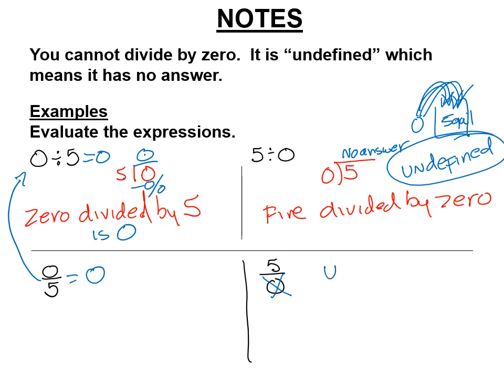This will always be undefined. It's the same as this one up above it. So here's the shortcut: no 0 on the bottom, no 0 out there ever. Whenever you see that, the answer is that there isn't an answer, and the word you write is undefined.